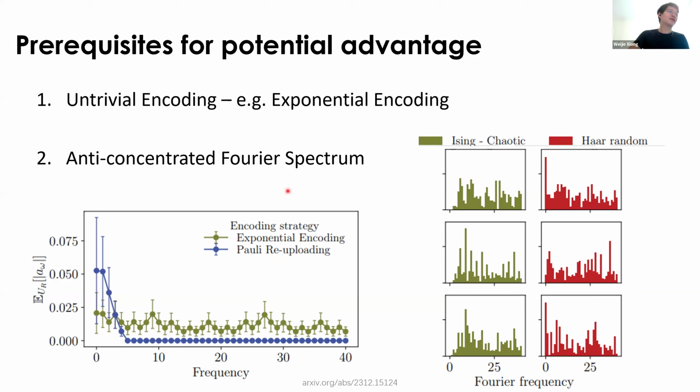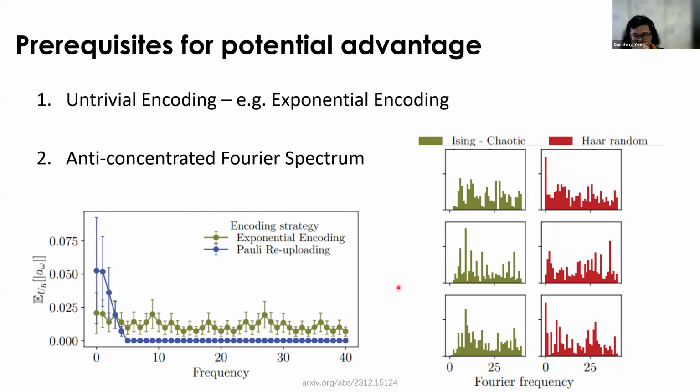So in our work, we studied the Fourier spectrum of the Haar random reservoir. We show that for exponential encoding cases, the expectation value of the Fourier coefficient is non-vanishing when the frequency grows. So basically, this tells us the Haar random reservoir will provide an anti-concentrated Fourier spectrum.